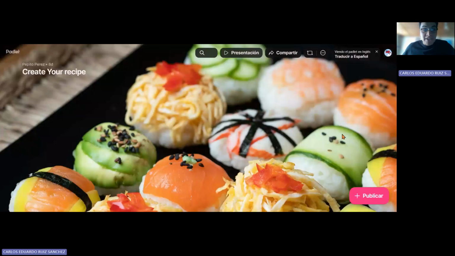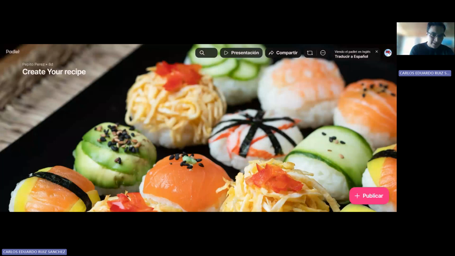And then after that, I am going to share with you this Padlet. Yes, in this Padlet you are going to create your own recipe. Van a crear su propia receta.